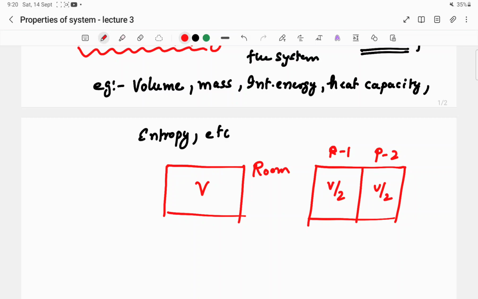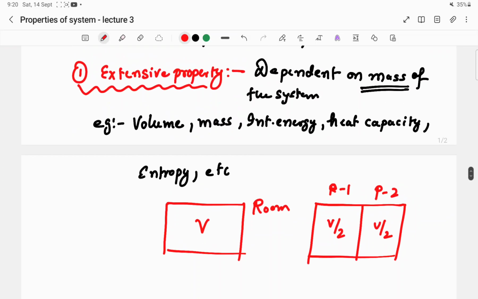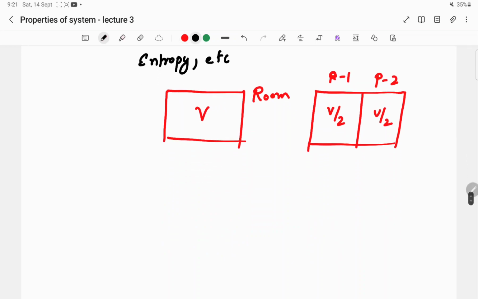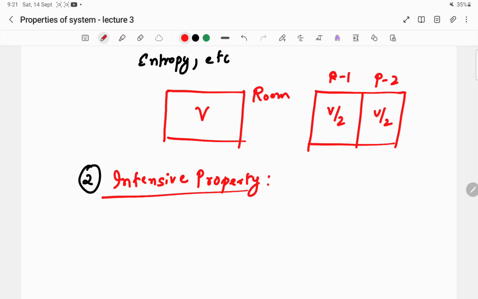In case of the intensive property also, we'll see this. Okay, let me write this thing. Since you have studied the extensive property, it is dependent on mass of the system. So what about this?